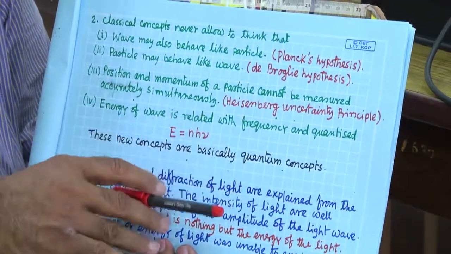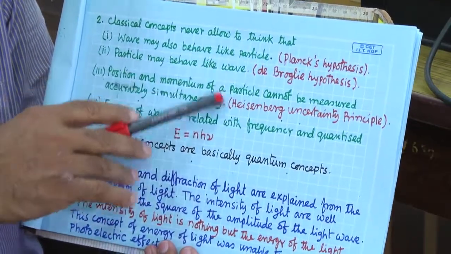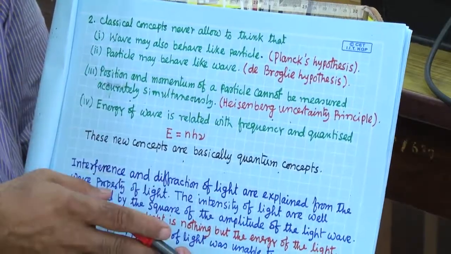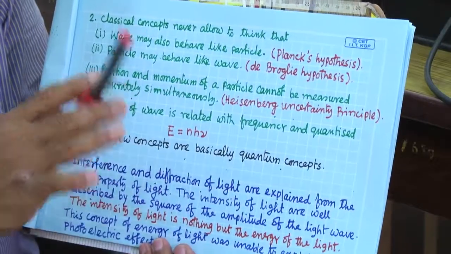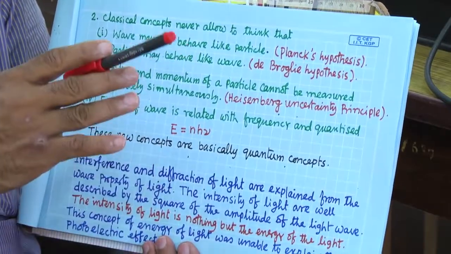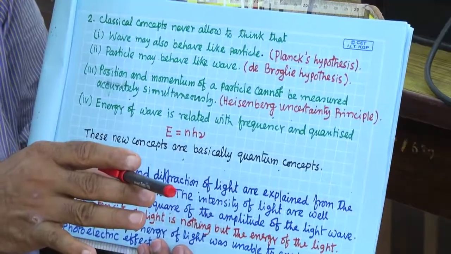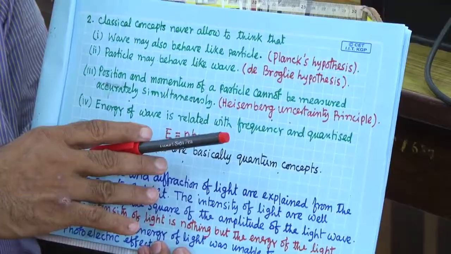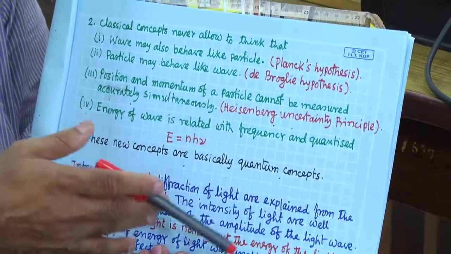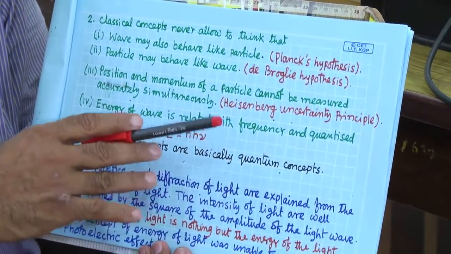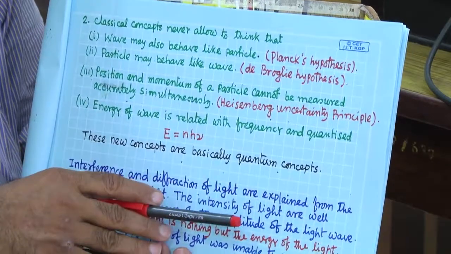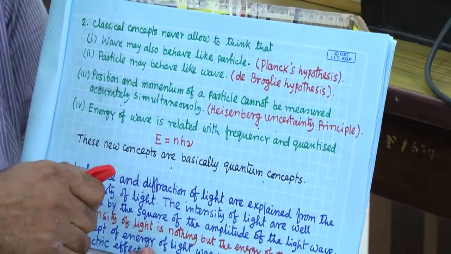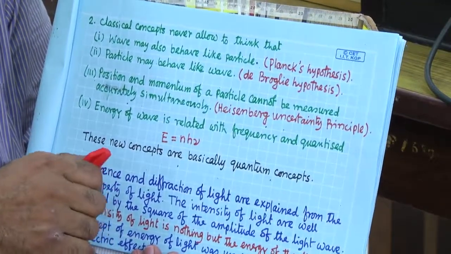A hypothesis is generally verified with the experimental observation. Initially it was assumed, and if it can explain everything, then it is an accepted assumption, so that we call it a hypothesis.